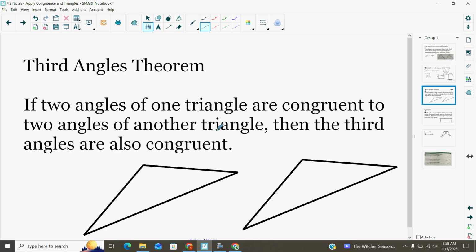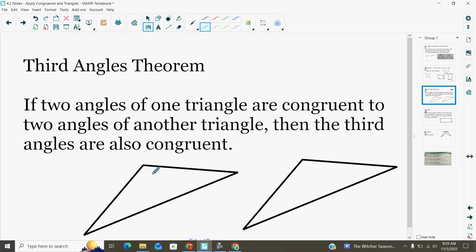Which hopefully logically makes sense. We know that the sum of the interior angles of both are the same. So if this one's the same and this one's the same, and the sum of all of them is the same, hopefully logically it makes sense that the other one needs to be the same as well.